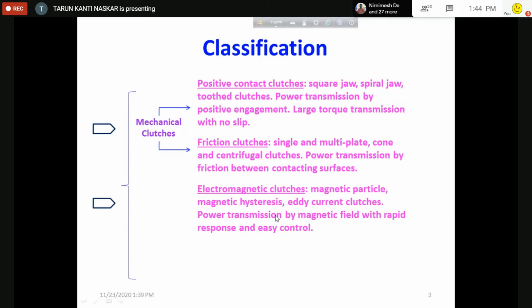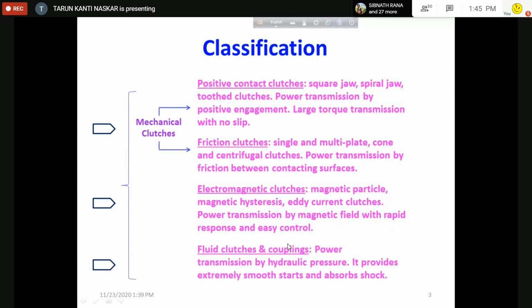Now electromagnetic clutches: magnetic particle, magnetic hysteresis, eddy current clutches. So these are the types of electromagnetic clutches. Power transmission by magnetic field with rapid response and easy control. Obviously, since it is a magnetic field, there will be digital control, so control is very easy.